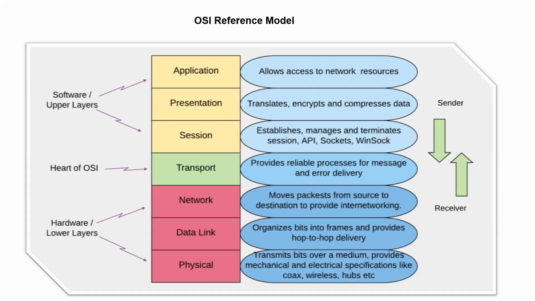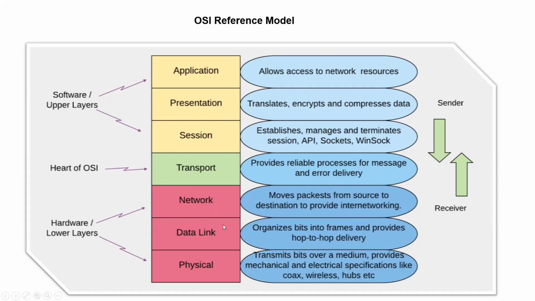This information is contained in the header. So the network layer moves packets from source to destination.